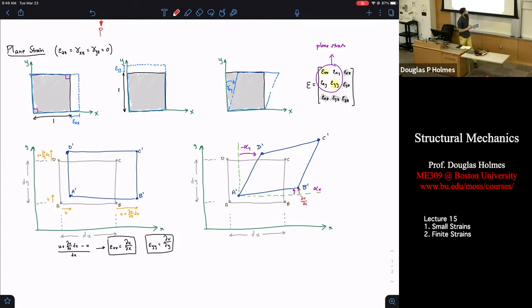Over here we wanted to know what's happening as we displace in the x direction relative to the x direction. And here I'm drawing this red arrow saying we want to know how much we've moved in the y direction relative to some change in the x direction.